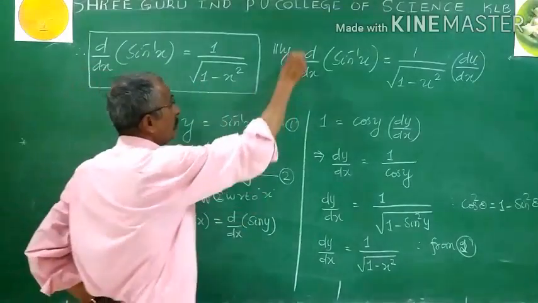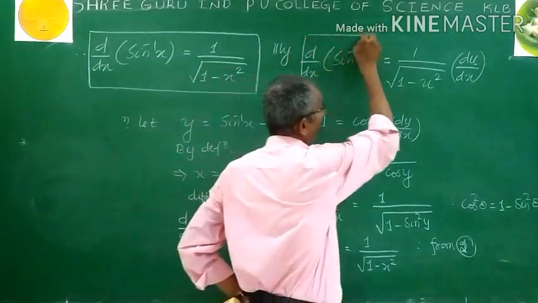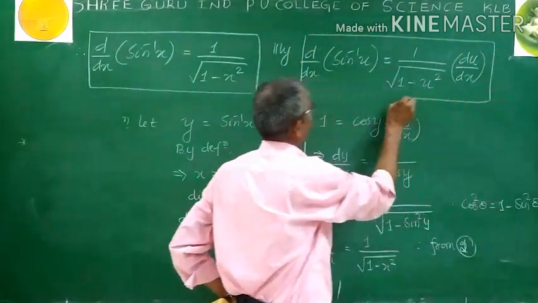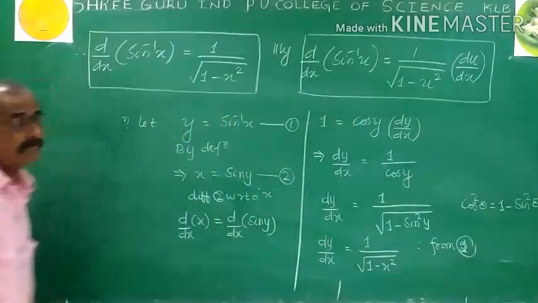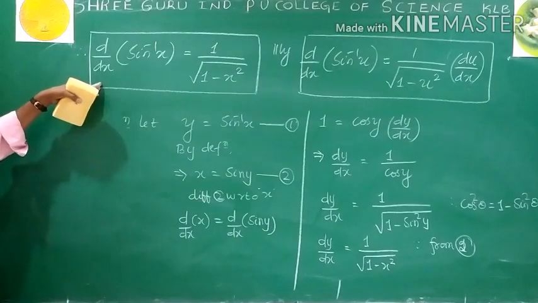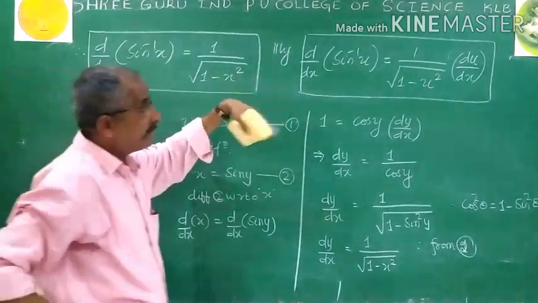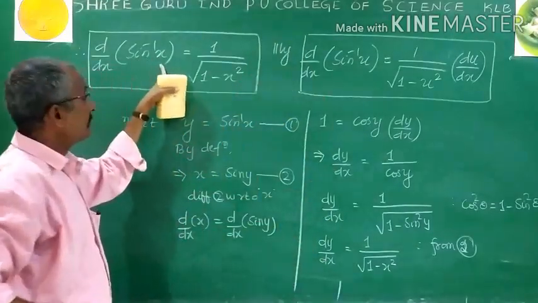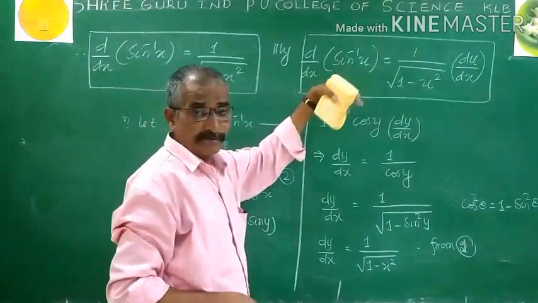So try to keep these formulas in memory without fail. This is a simple differentiation formula. This is the extended formula. It is not applied only for x, it is applied for any function of x.